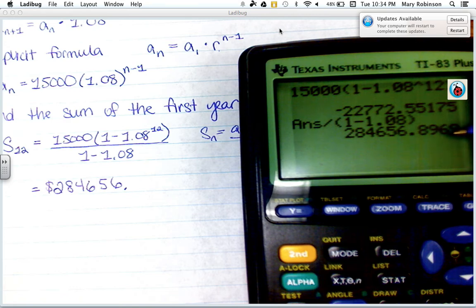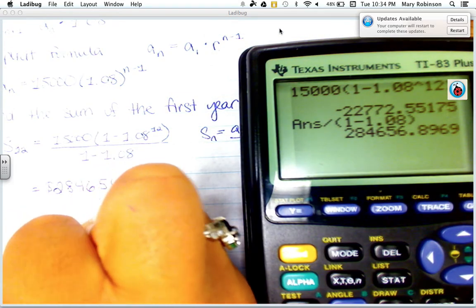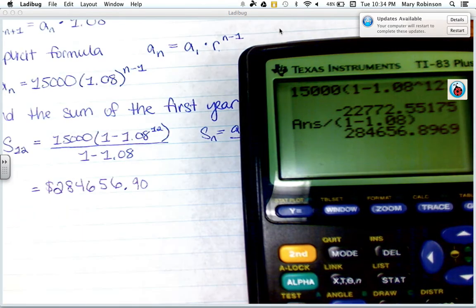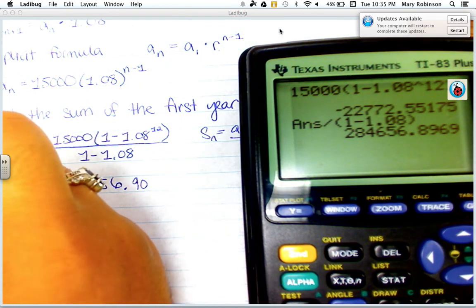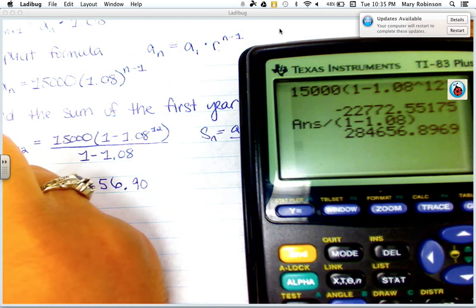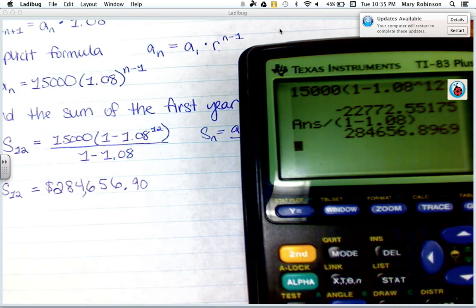If it's 4 or less, we round down. So it's 6, so the 9 rounds up to a 10. So $284,656.90 is the total sum of the first year of sales.